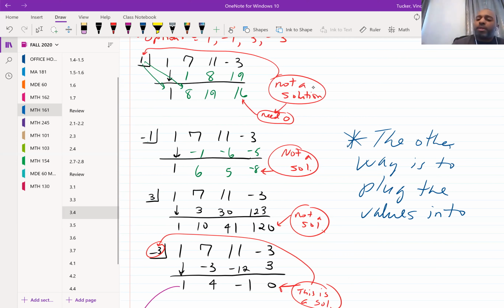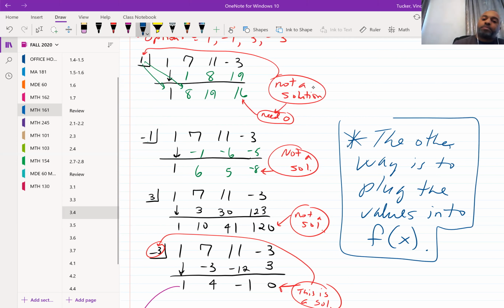But anyway, the other way is to plug the values into f of x. Remember, that's the remainder theorem. You plug into f of x, get 0. Should give you the same thing. So it just depends on how you want to do it. But I knew that synthetic division was one way we need to reemphasize, to make sure everybody's okay with that synthetic division process.